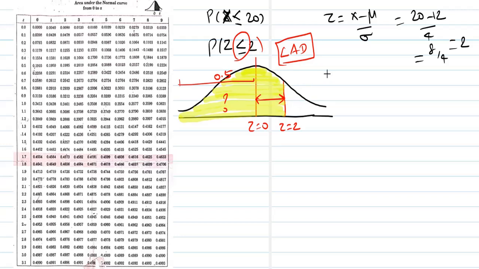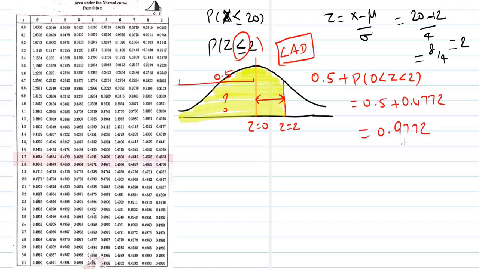With 0.5, you add probability of 0 less than z less than 2. So with 0.5, you add 0 to 2. So it is 2.00. So it is 0.4772. So 0.9772 will be your final answer. Now this completes the second subdivision.